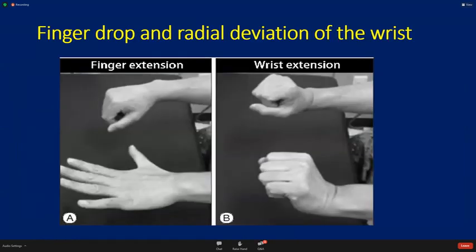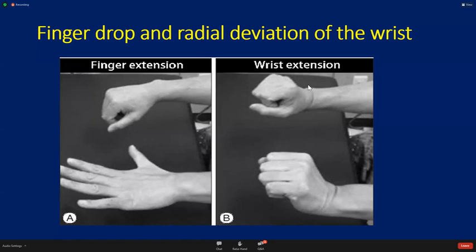The 2 signs which differentiate it from radial neuropathy are, first, the presence of finger drop rather than wrist drop. The wrist extension is maintained but finger extension is affected. Second, when the patient tries to extend the wrist, there is a radial deviation at the wrist. That is because extension of the wrist is predominantly by the extensor carpi radialis longus, brevis, and extensor carpi ulnaris.